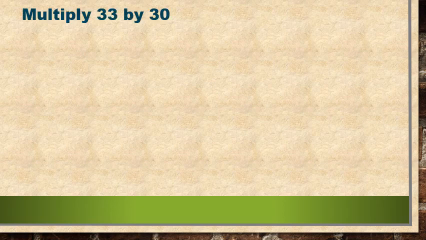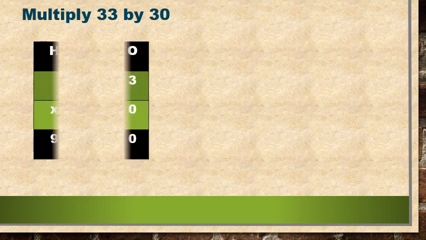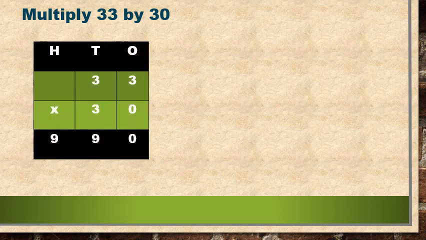Multiply 33 by 30. How can we do that? So first of all, we have to multiply 33 by 3 and it gives us 99, and as per rules we have to put 0 to the right of the product.